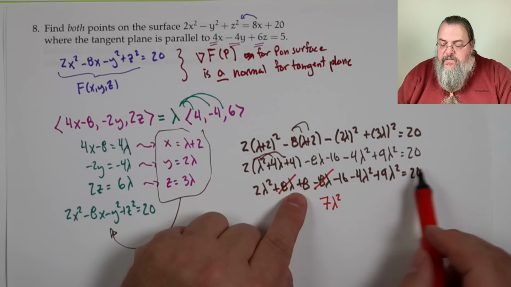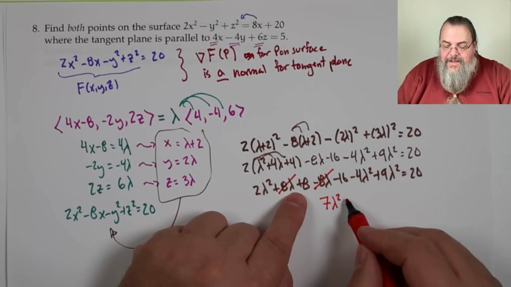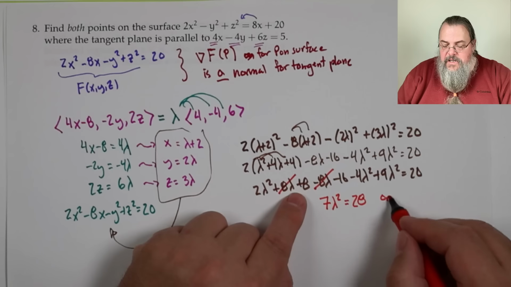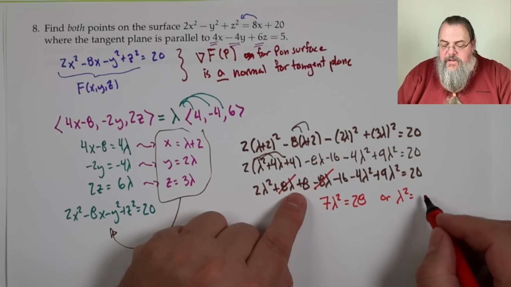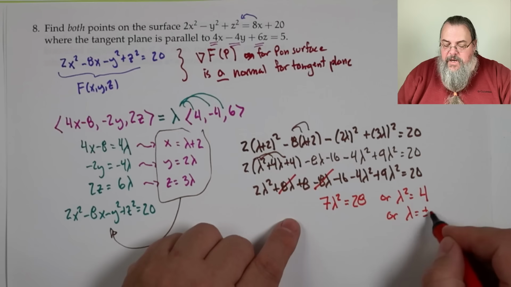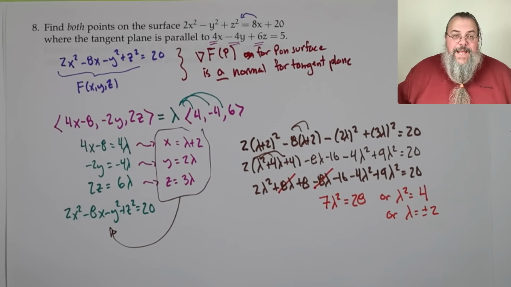I add 16, that makes 36. I subtract 8, that makes 28. Or lambda squared is equal to 28 divided by 7, which is 4. Or lambda is plus or minus 2. So now we know the values for lambda.